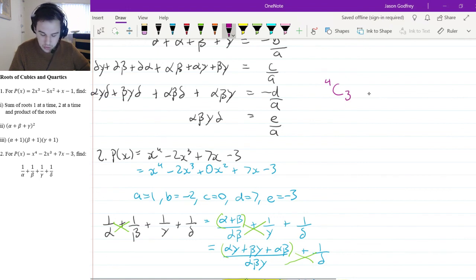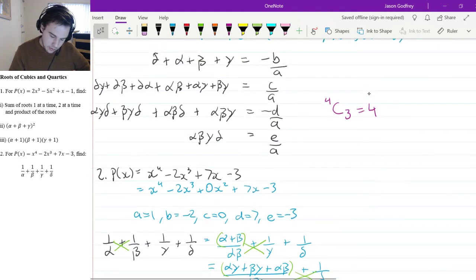If you do 4C3, 4 letters to choose from, and you choose 3 of them, then there's 4 different possibilities. Likewise, if you want to check how many terms there should be for the sum of roots 2 at a time, we've got 4 letters and you're choosing 2 of them, and that should be 6, hopefully.